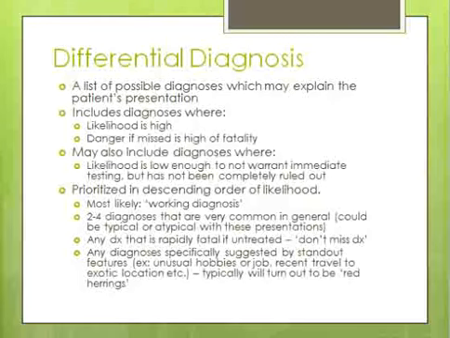Kind of like our white flags versus our red flags. Our white flag is our UTI, whereas our red flag would be bladder cancer. And then any diagnoses that are specifically suggested by standout features. So maybe they have an unusual hobby, or maybe they recently got back from Uganda, where probably they'll end up being red herrings, but we need to just throw them on the list just in case.